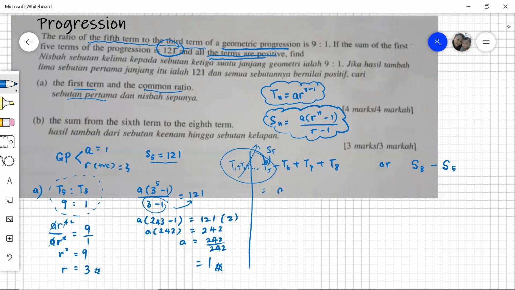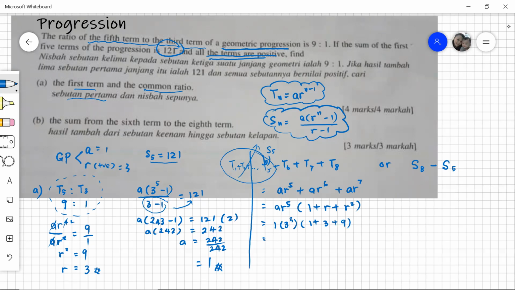So T6 will be AR to the power 5. T7 is AR to the power 6. T8 is AR to the power 7. And let's take out the common term, which is AR to the power 5. Therefore, the first term is left with 1, the second term is left with R, the third term is left with R squared. And let's put our A and R in. A is 1, R is 3 to the power 5. And 1 plus R is 3, and 3 squared is 9.